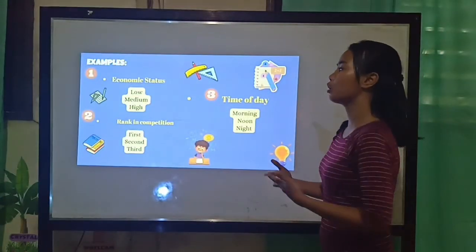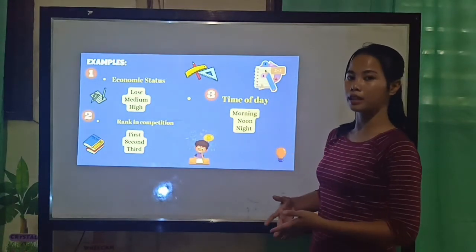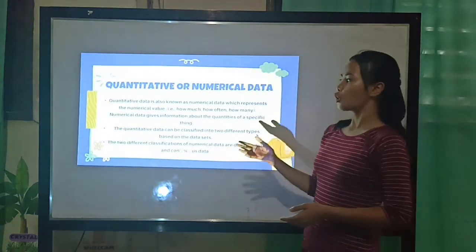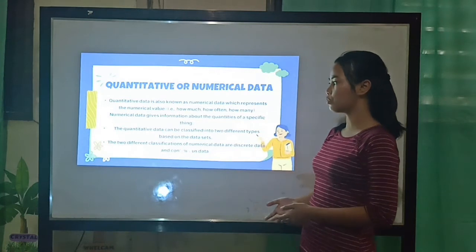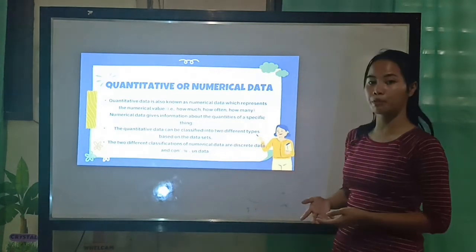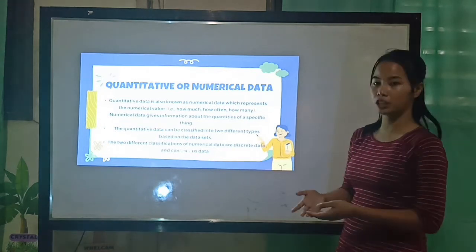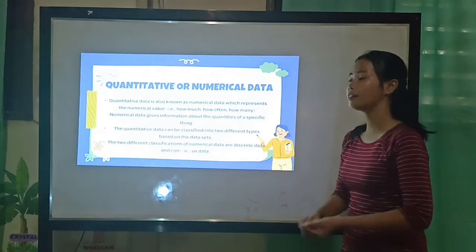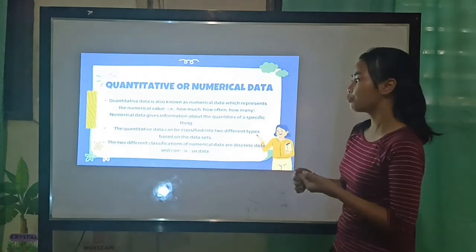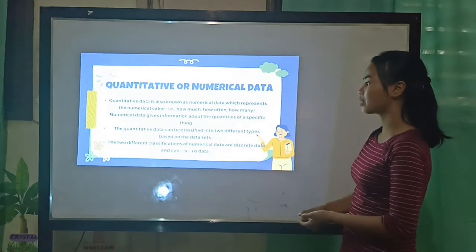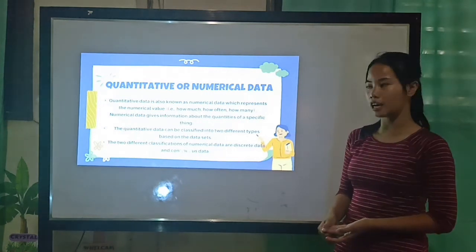Now, I am going to discuss the quantitative or numerical data. Quantitative data is also known as numerical data, which represents numerical values, and can be asked by how much, how often, and how many. Numerical data gives information about the quantities of a specific thing.